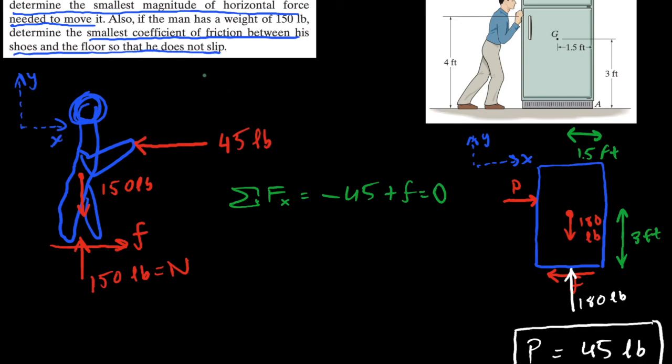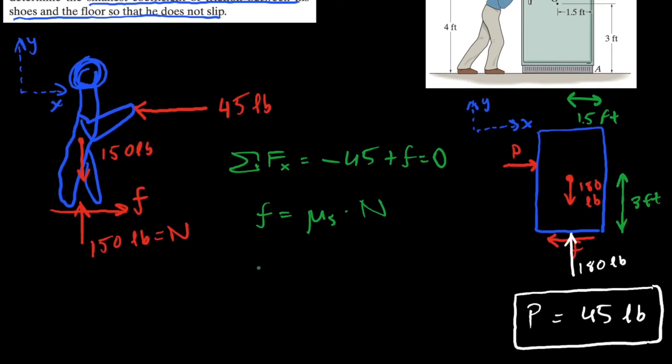Now, again, we are considering the smallest coefficient of friction. Therefore, F can be shown as F equals mu static, which is what we want, times the normal force that the guy experiences.